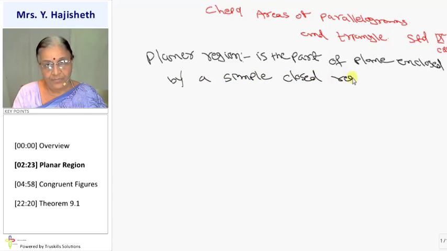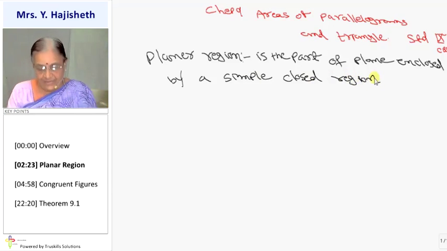It can be a rectangle, it can be a triangle, it can be a circle, it can be a square, anything. It can be a quadrilateral, okay?